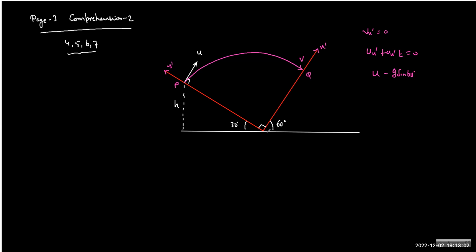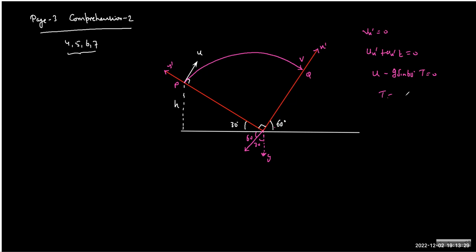Either you say cos 30 or sin 60, it's the same thing, because there are many ways to express the answer. This is 60 degree, this is 30. So what you're saying is correct. So g cos 30, into t equals 0.